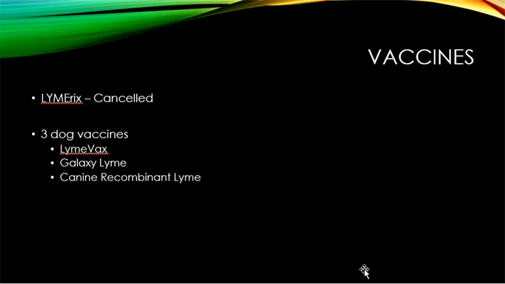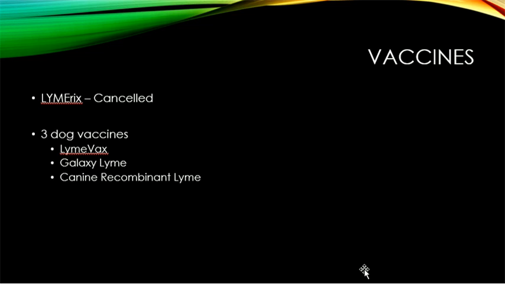The FDA and CDC investigated and didn't find any link between these autoimmune complaints and the vaccine itself. But sales still plummeted, and the company took the vaccine off the market.